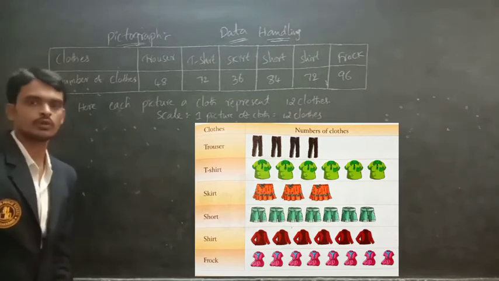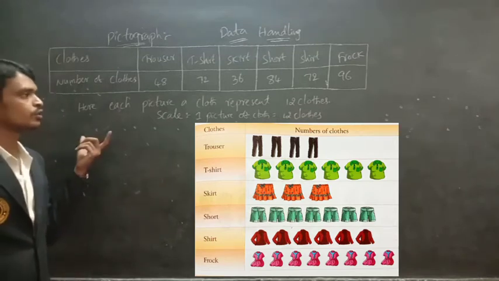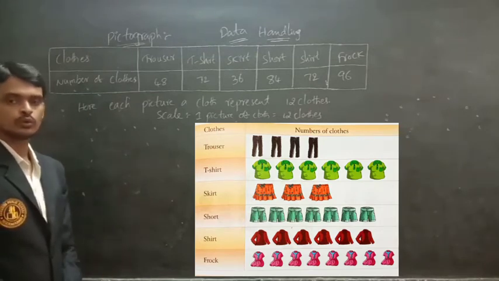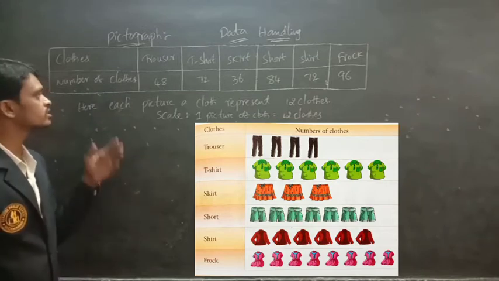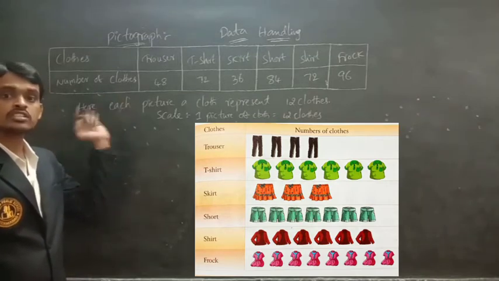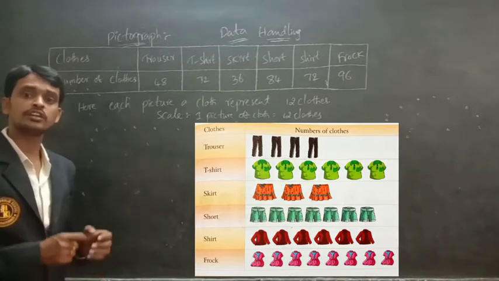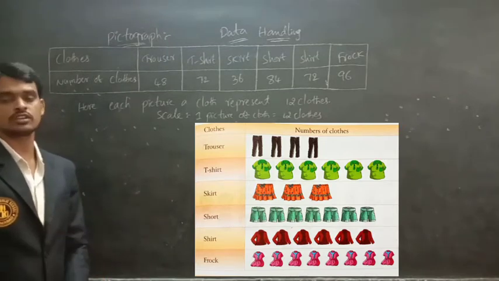Here we have to draw a pictograph for the given data. Can we draw? No, because the numbers are more. If the numbers are more, it is very difficult to draw the pictures.